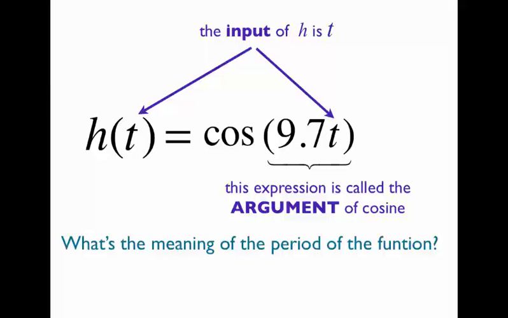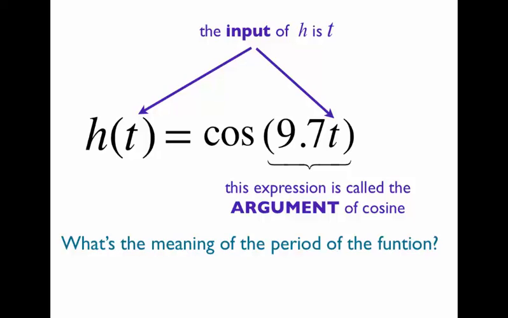All right, what is the meaning of the period? Can you write it without peeking at your notes? Can you write out the meaning of the period of this function? See if you can do it. So, does the period relate directly to the input or the argument?